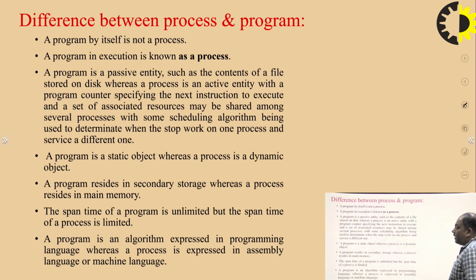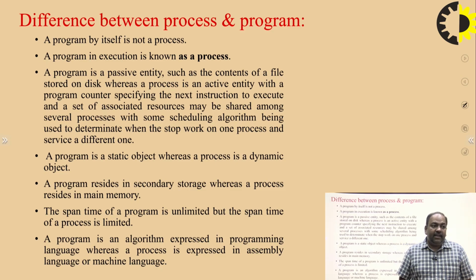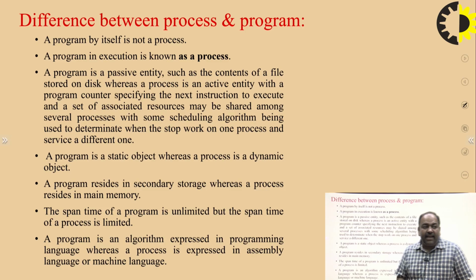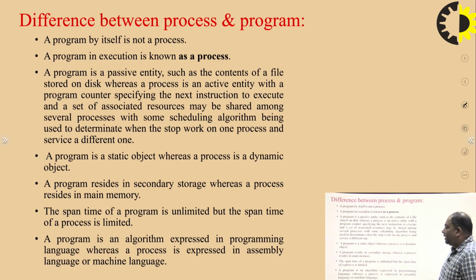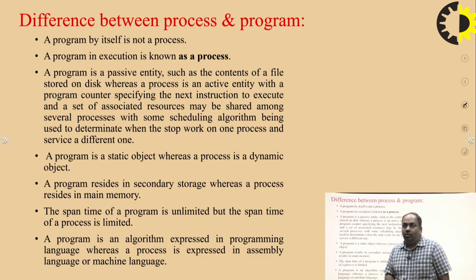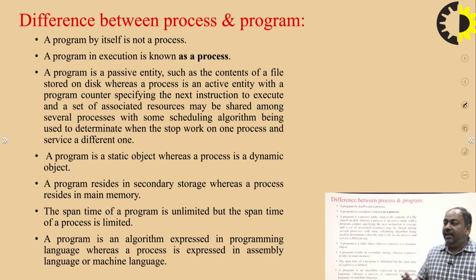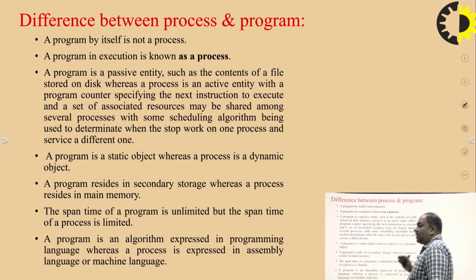So a program is a static object whereas a process is a dynamic object. A program resides in secondary storage while a process resides in the main memory. Like I have created a document and stored it somewhere in a location in drive C, D, E, which is already in our system. That is the program.